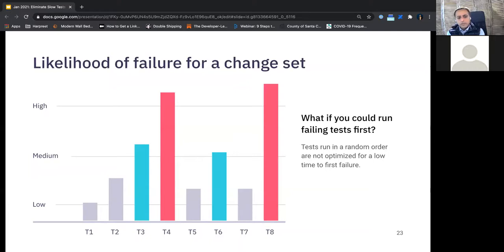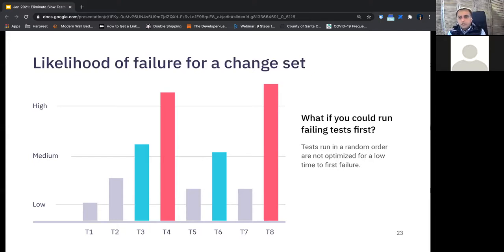When some changes come in, every test has a probability of failure based on those changes. Let's say T8 has the highest probability of failure, followed by T4. Today, they get run in these orders, and let's just assume each of these tests takes maybe 10 minutes each.